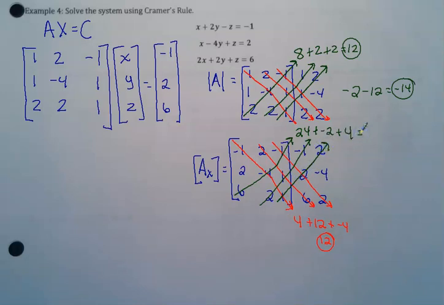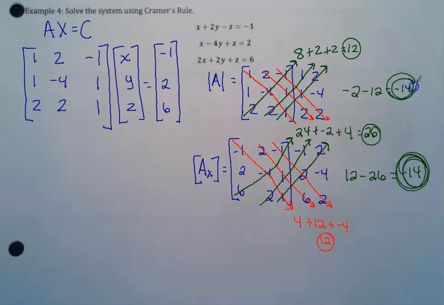So 24 plus -2 is, wait a minute, I feel like I have something wrong here. Okay, maybe not. 24 plus -2 is 22, plus 4 is 26. And then we subtract the major, 12, minus the minor. So 12 minus 26 is -14.